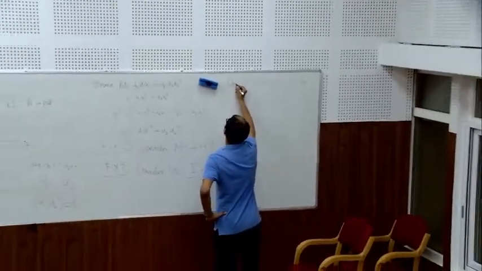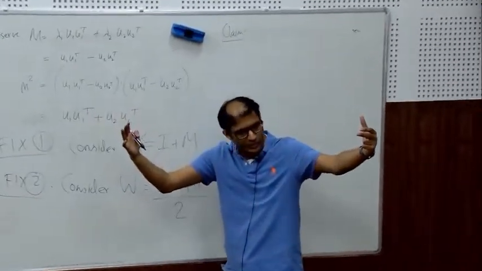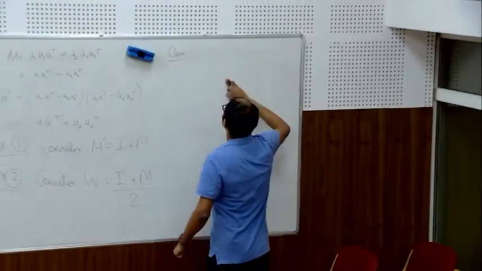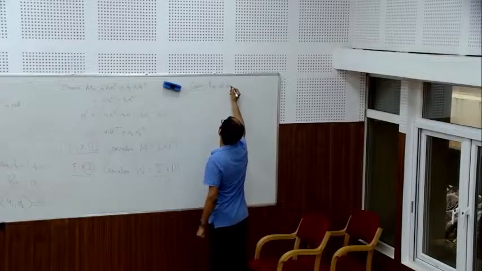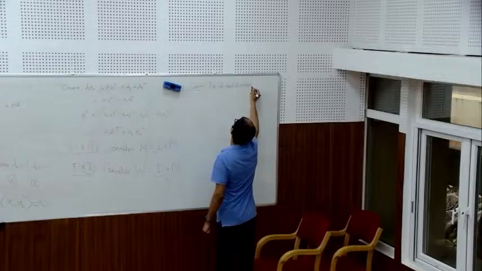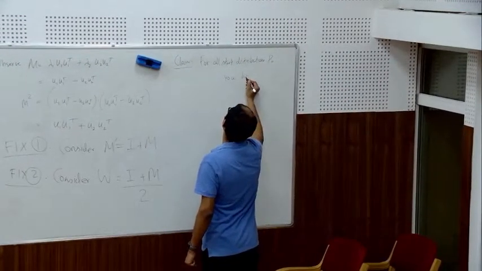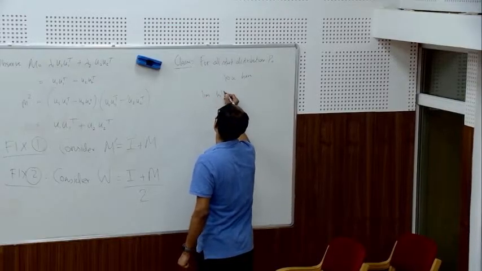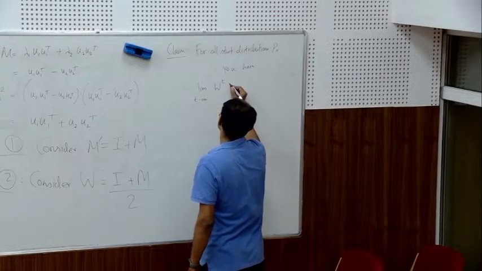So the claim, the way this claim reads in my head, is W is the matrix I wanted. But that's not what you write. You say that, for all start distributions P0, you have the limit of W power t, t tending to infinity, times P0.